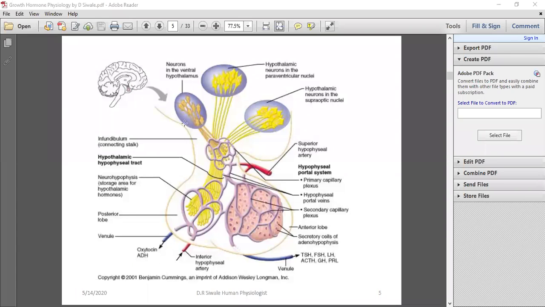So you'll be able to see better diagrams in your anatomy books, but we have the anterior pituitary gland here. And on top of the pituitary gland, we have the hypothalamus.